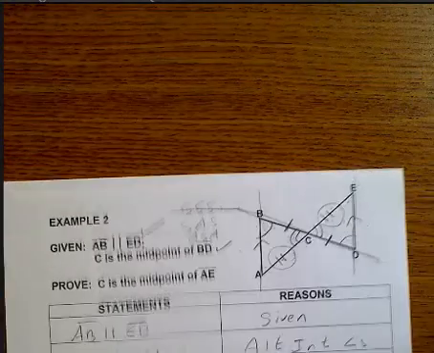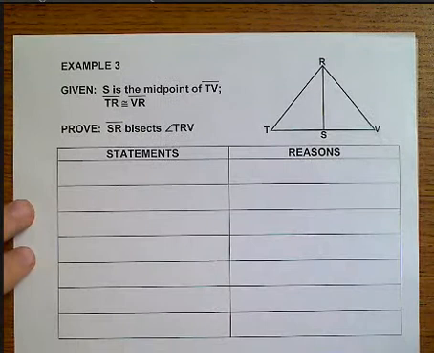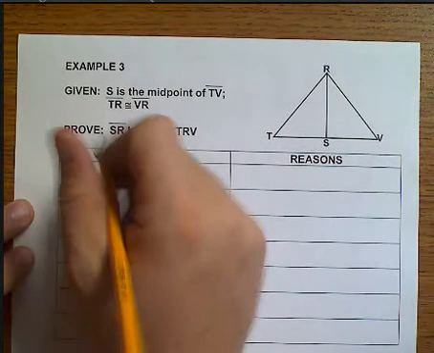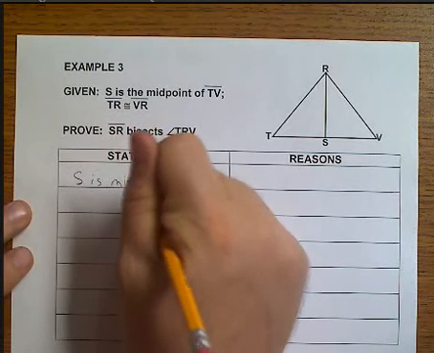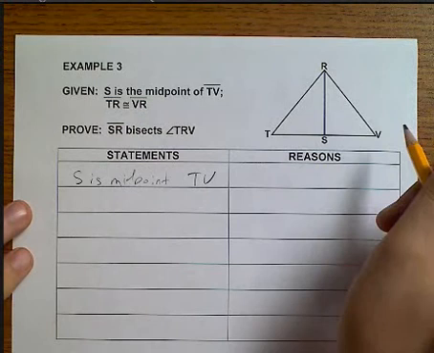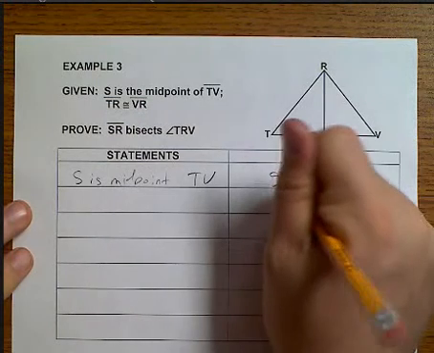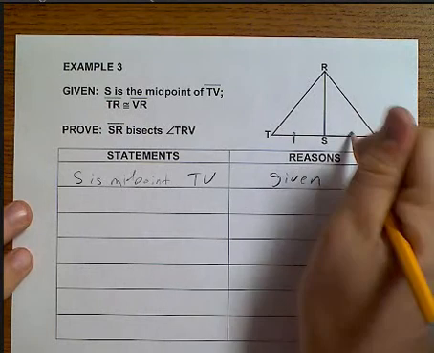Moving on to our third and last example. Let's go ahead and start with our first given. S is the midpoint of TV. This was given to us. S is the midpoint of TV. That means that these are the same.